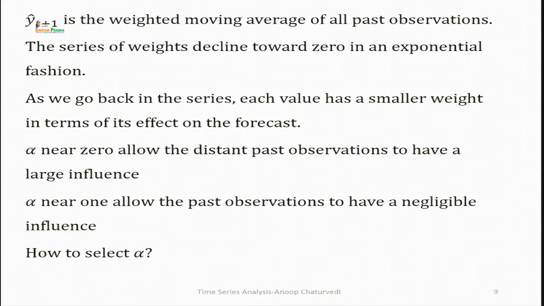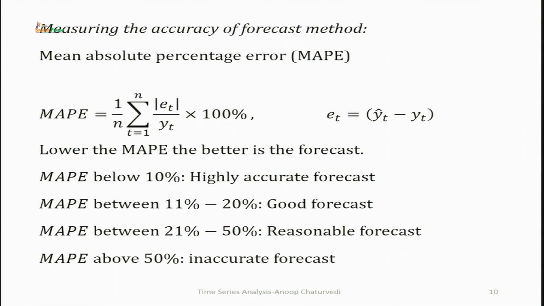You must require some criterion to select the appropriate value of alpha. So, we consider some methods for measuring the accuracy of forecast values. The first measure is mean absolute percentage error, MAPE.